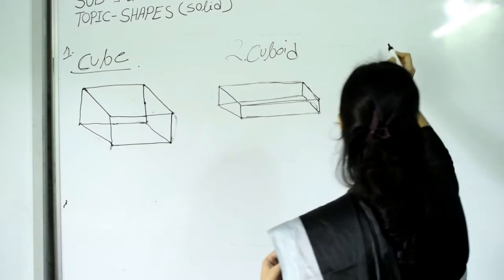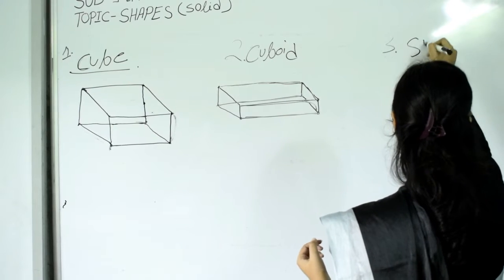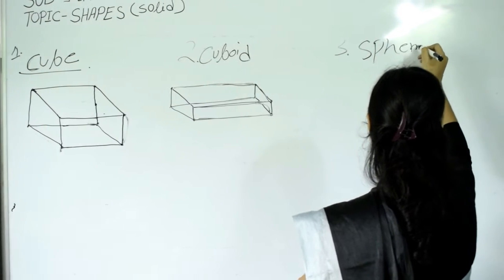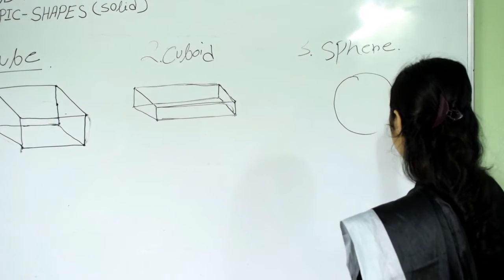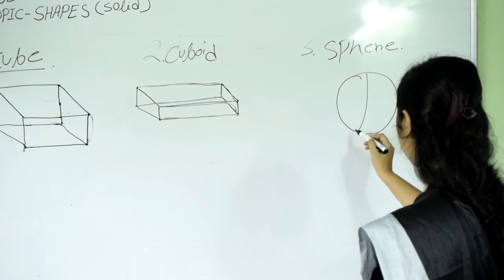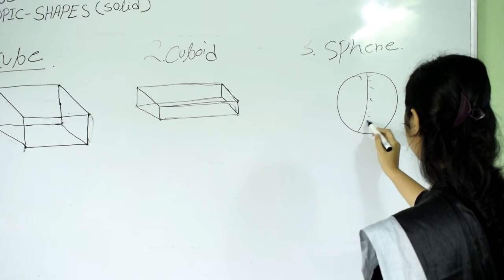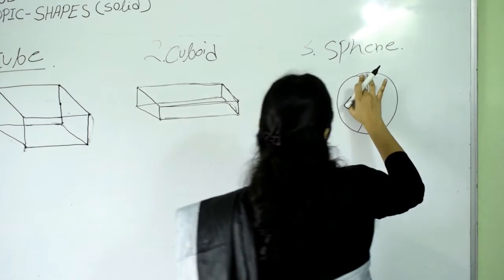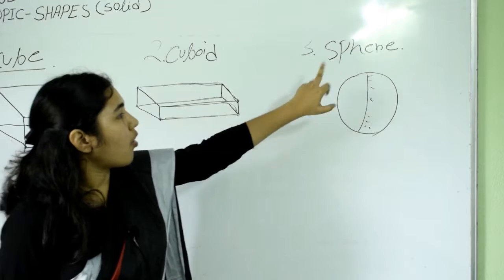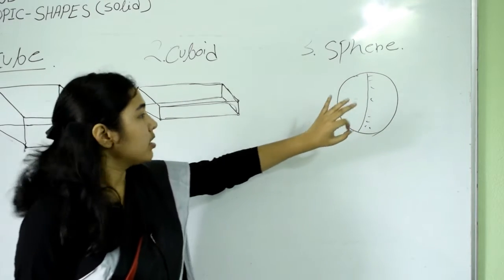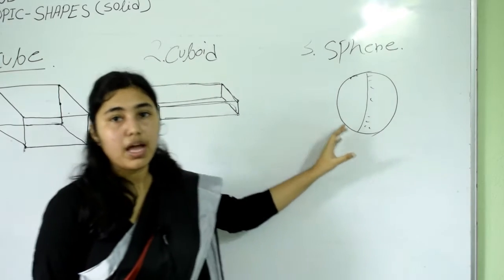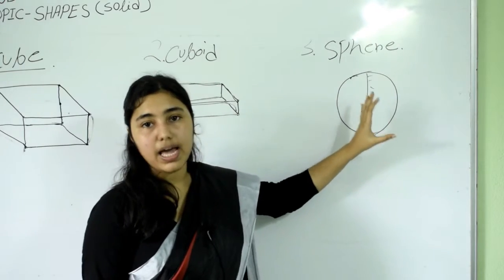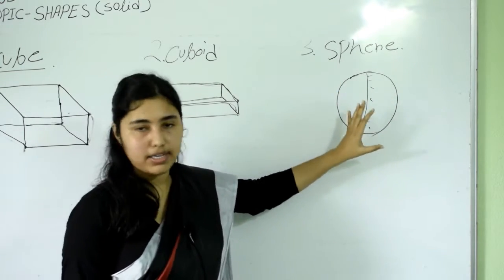Okay, now next one is sphere. Now a sphere has only one curved surface with no edges and no vertex.